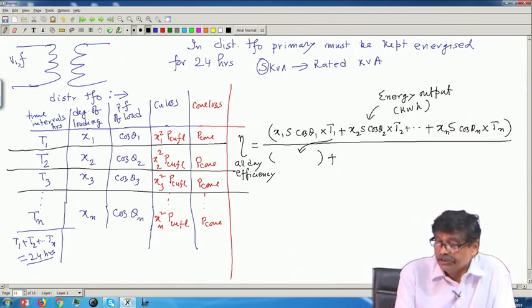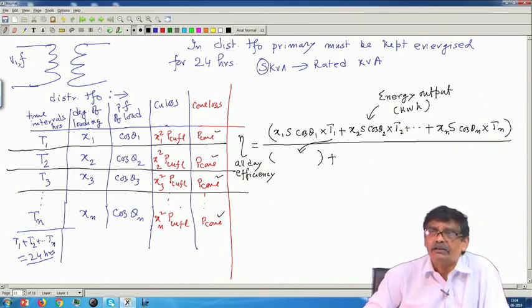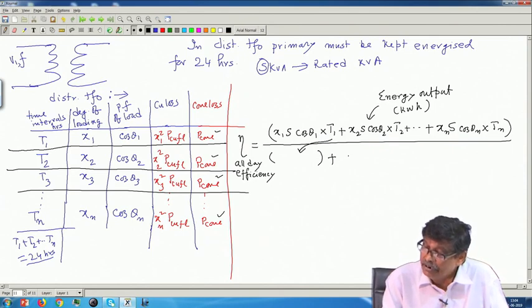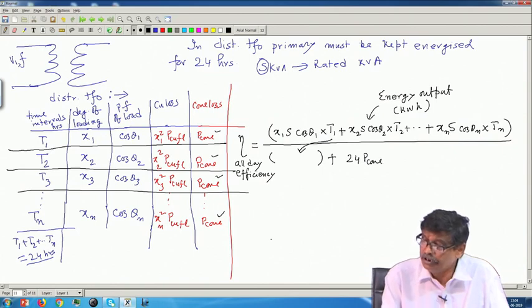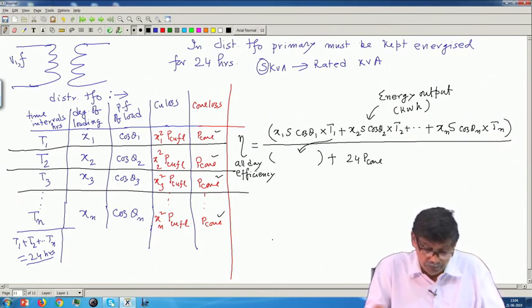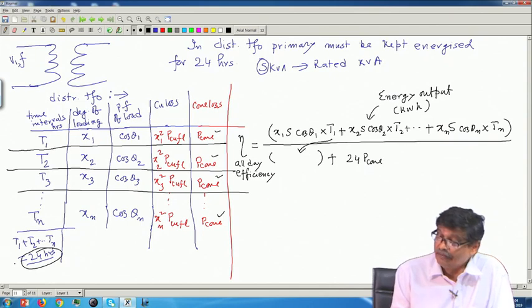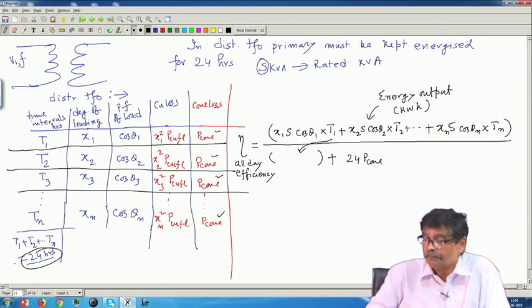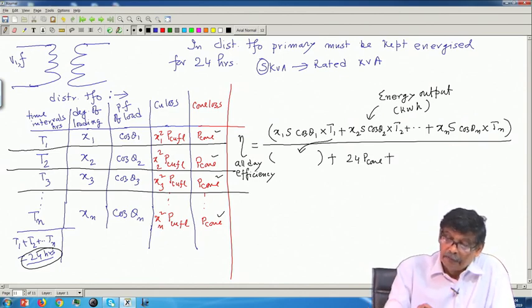The core loss remains constant all the time, it does not depend on degree of loading. So, it will be 24 into P core. How does this 24 come? It is in fact T 1 plus T 2 plus T 3 plus T n into P core, but that total is 24. So, 24 into P core kilowatt hour, plus the copper losses, since core loss will always take place in the distribution transformer.